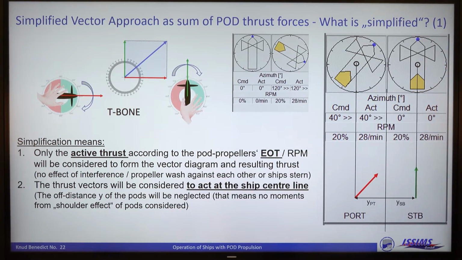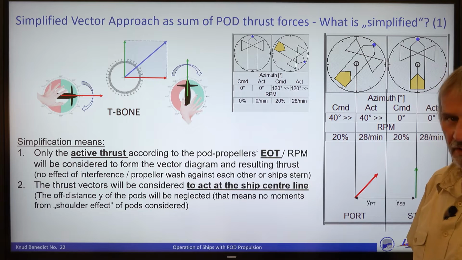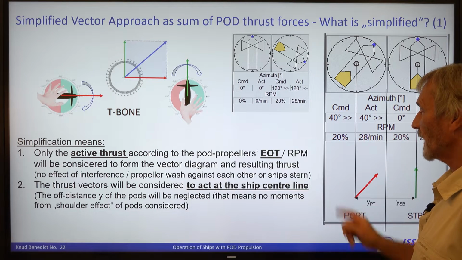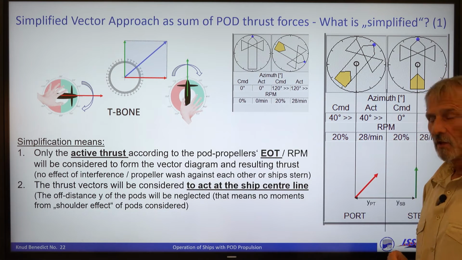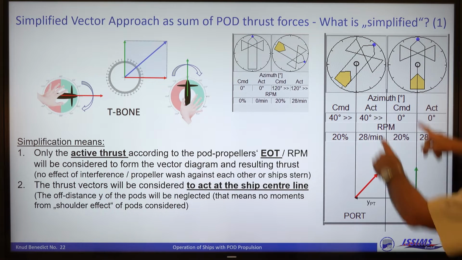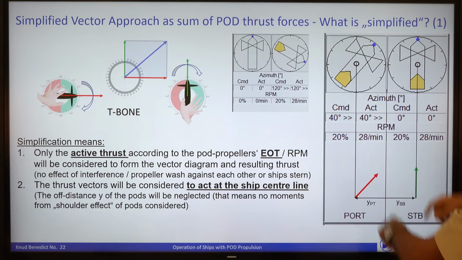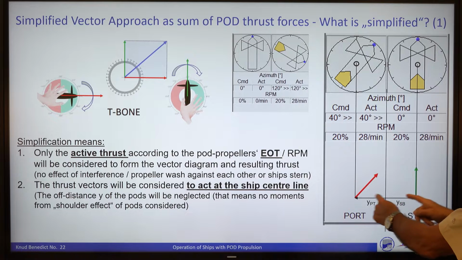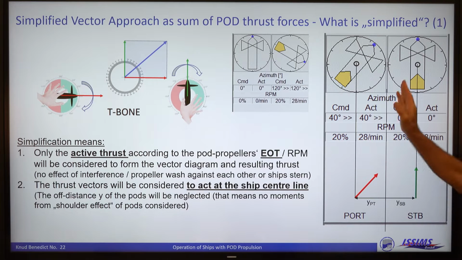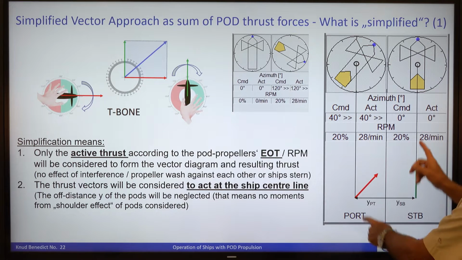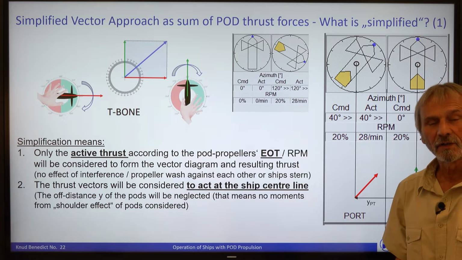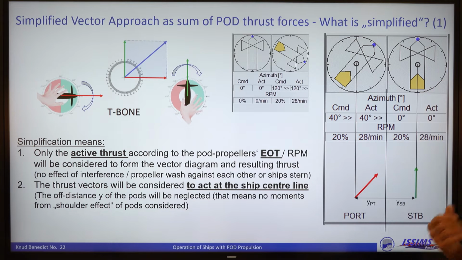Then the thrust vectors will be considered to act at the ship's center line. Normally, between the two pods there is some distance, so they are not located on the center line, and they would generate a lever. We call it shoulder effect in German, maybe it's international.